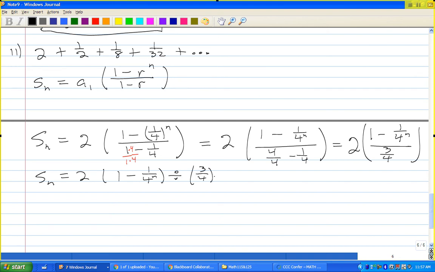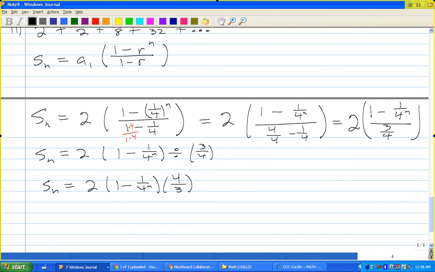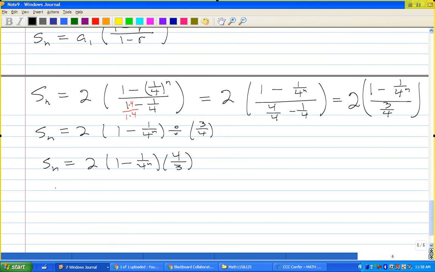But again, dividing by 3/4 is the same as multiplying by the reciprocal, 4/3. Okay, and so 2 times 4/3 is 8/3. And so 8/3 times 1 minus 1/4^n. And that is your formula.